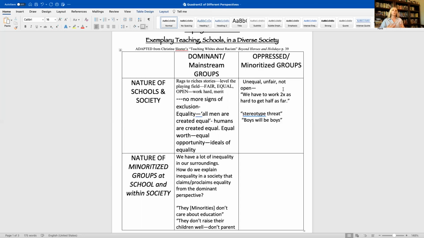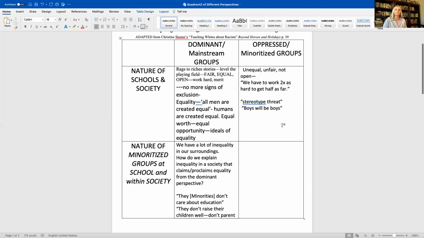And so I'm constantly monitoring, and I know I have to be twice as good to go half as far. So oftentimes from this perspective, the schools and society are not fair. They're not seen as open. They're not seen as equal opportunity.